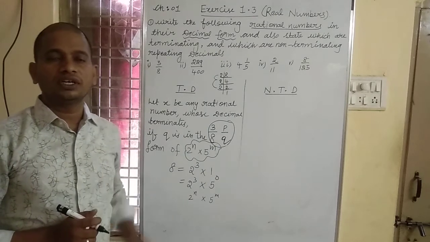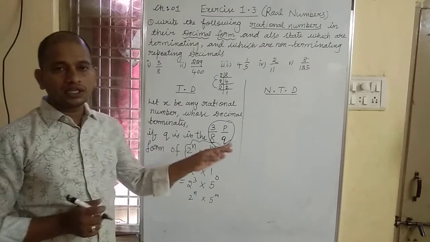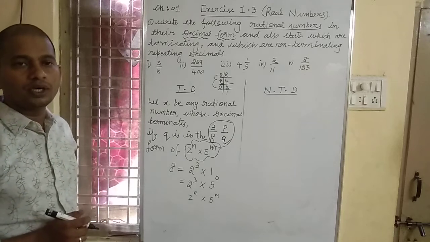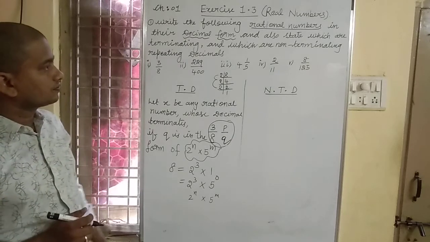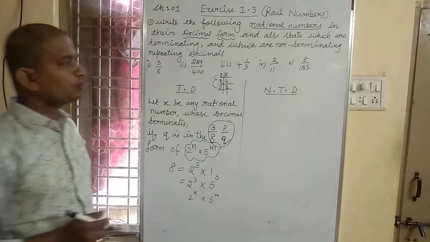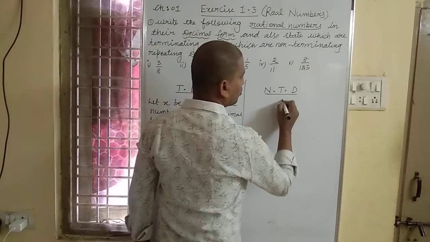If the denominator is not in the form of 2 power n into 5 power m, for suppose you take 2 by 11 or 1 by 3.